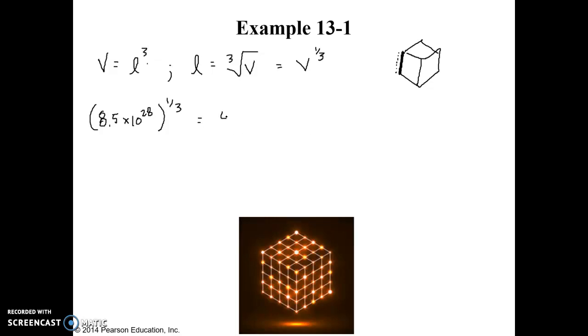And so that's 4.4 times 10 to the third. That's how many copper atoms there are along one edge.